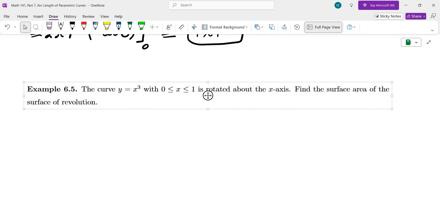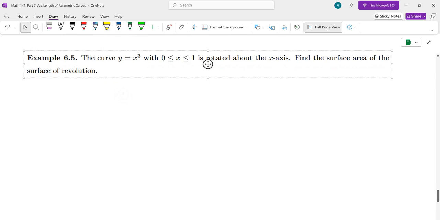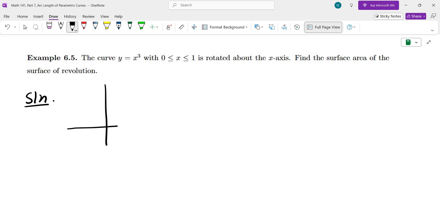The curve y equals x cubed with x between 0 and 1 is rotated about the x-axis. Find the surface area of the surface of revolution. So we're looking at y equals x cubed, and we are rotating it about the x-axis. So we get a shape like this.